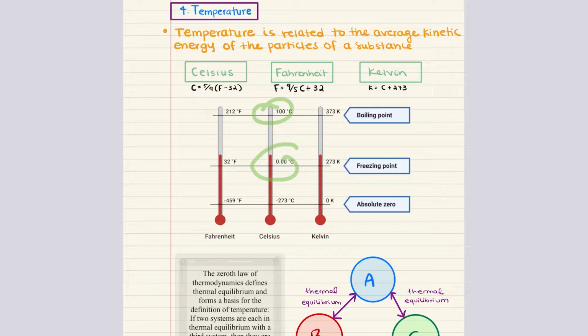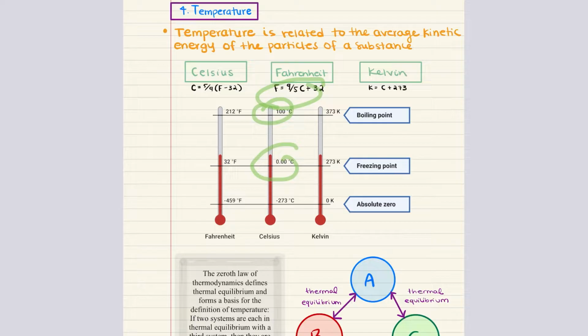Now, to convert temperatures from Celsius to Fahrenheit, the formula that you would use is the following. Fahrenheit equals 9/5 multiplied by Celsius plus 32. So that's how you convert temperatures from Celsius to Fahrenheit. Now, the Fahrenheit scale is primarily used in the United States for non-scientific temperature measurement.